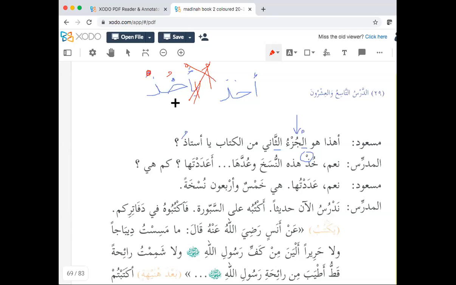Jayyid. Are there any examples of fi'l amr in this line that was just read, where the teacher said to the student what he said? Khudh. Go ahead, Abu Isa. I didn't hear you. Yes, you said khudh. Oh, ahsant. So that's one. Any more examples of fi'l amr in that same line?